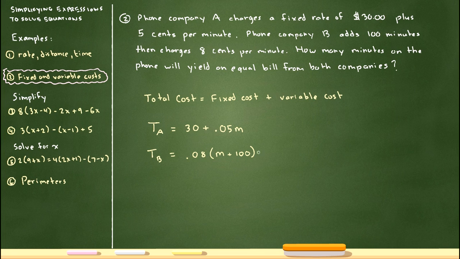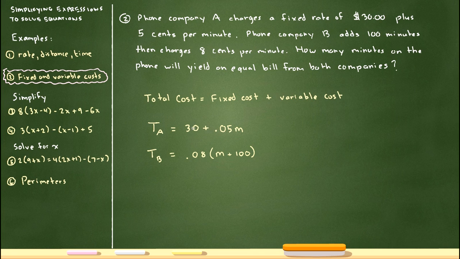Another way to think about it is the 100 minutes is essentially a fixed cost. 100 minutes times 8 cents per minute would be $8. So you could think about their fixed cost as being $8, and then the variable cost as being 0.08 times M. Okay, so essentially phone company B, the fixed cost is less than phone company A. However, to talk on the phone, it's a little bit more expensive.